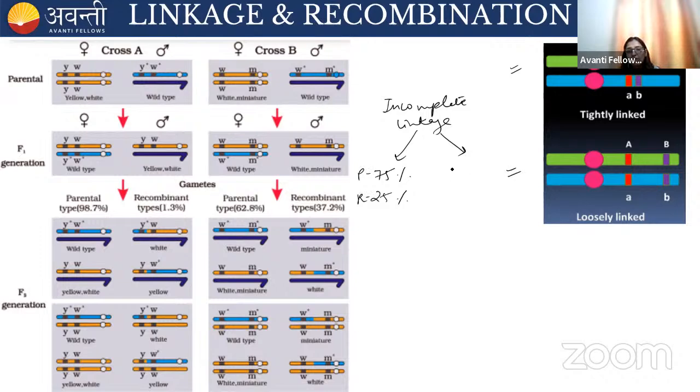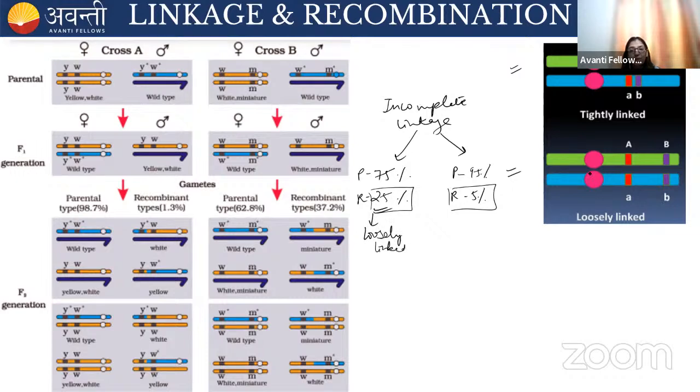And in the other cross, you are obtaining parental 95% and recombinants 5%. Because we are obtaining recombinants, it is a case of incomplete linkage. But here the percentage of recombinants is more, that is 25%. Here, the percentage of recombinants is 5%. So this could be a case of loosely linked.